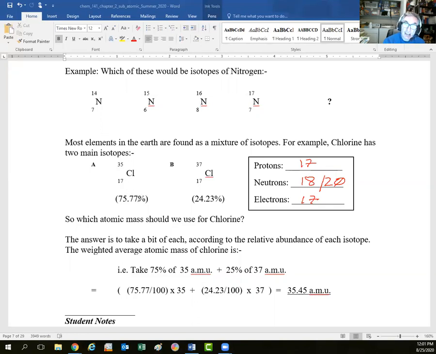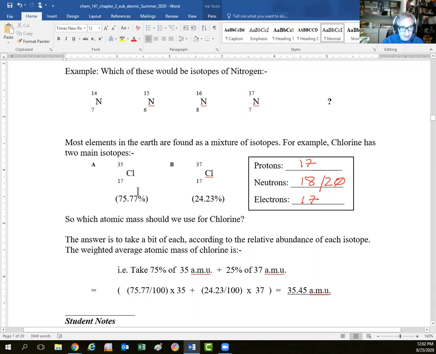That's one of the great things about the elements in the universe. You find a sample of chlorine in America and a sample of chlorine in, say, Japan. The composition, the makeup of the 35 isotope and the 37 isotope, is exactly the same. So roughly for every 100 atoms, 75 of them will be the mass 35, and about 25% will be the mass 37.